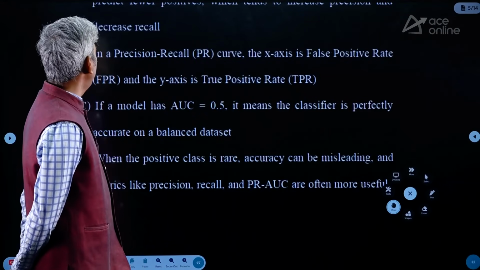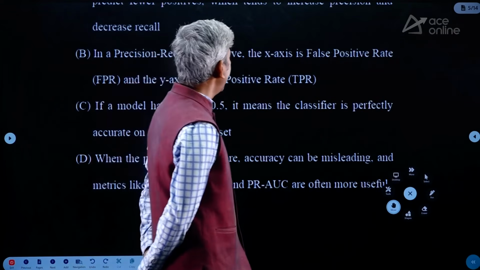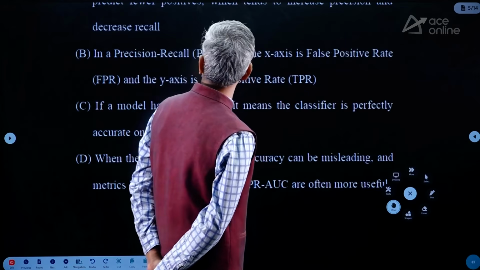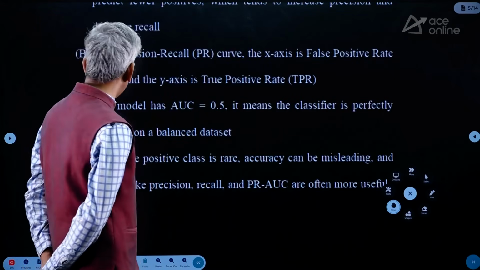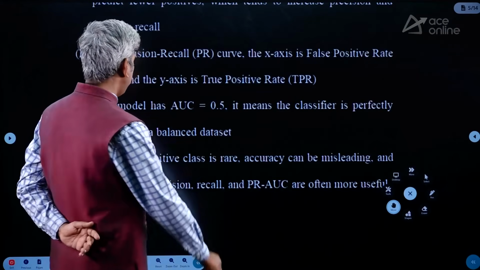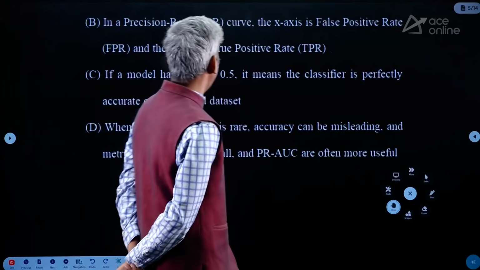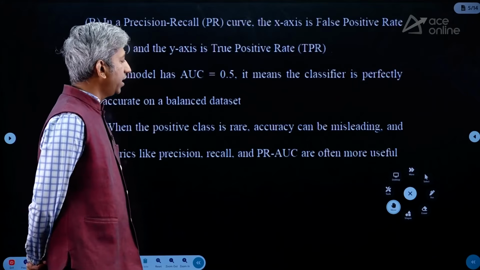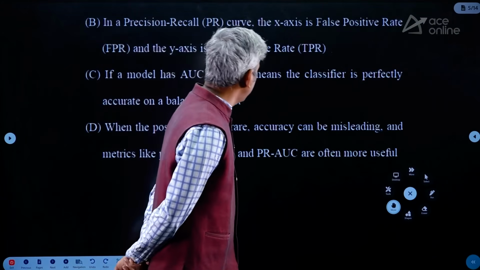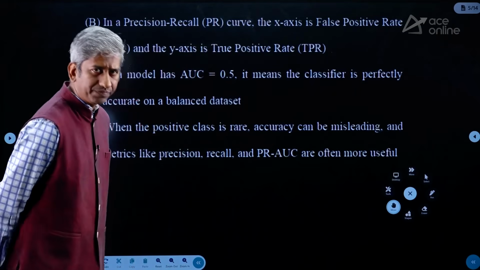Option C. If a model has area under the curve equal to 0.5, it means the classifier is perfectly accurate on a balanced data set. Option D. When the positive class is rare, accuracy can be misleading and metrics like precision, recall and PR area under the curve, PRAUC, are often more useful.